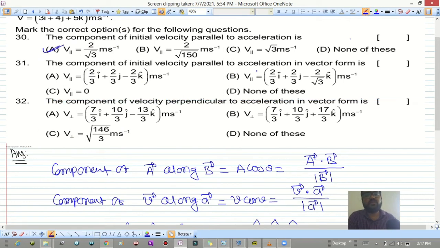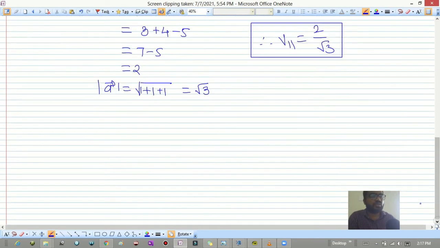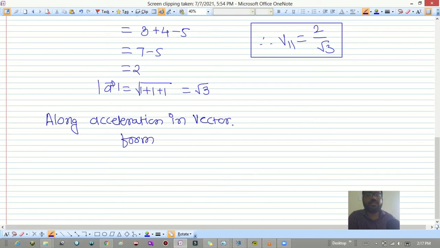Component of initial velocity parallel to acceleration in vector form. Now we want it in vector form. So along acceleration in vector form indicates what? Indicates v cos theta into the unit vector of acceleration.